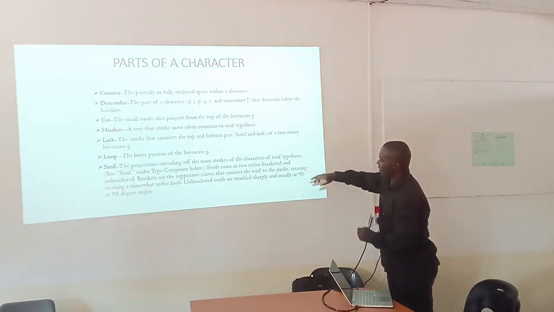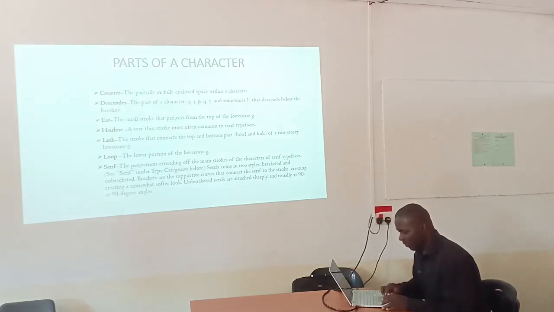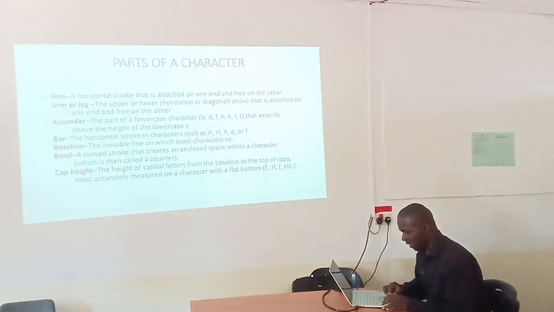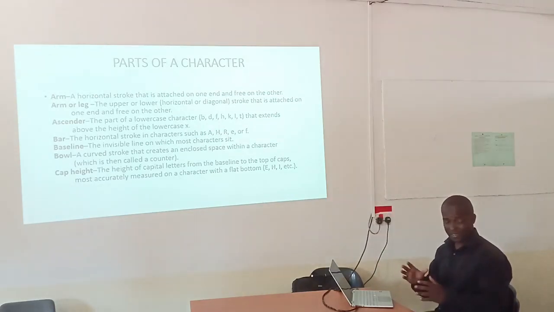So let me see here. Let's just compare with the ascender. I want to see the way they have described it. Okay. I said that the part of the lowercase, because we are talking about lowercase characters.